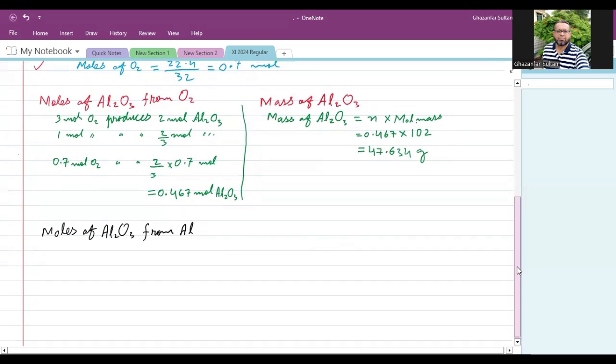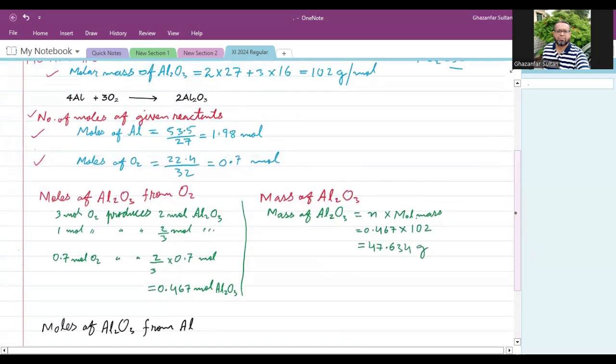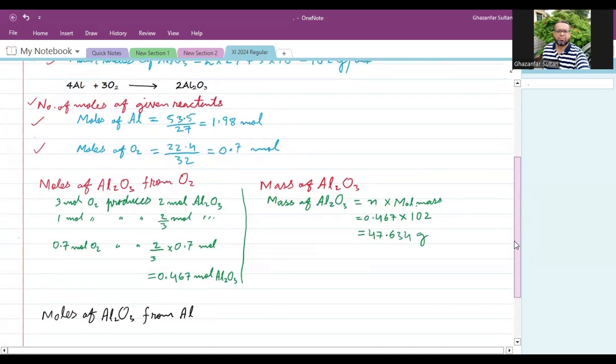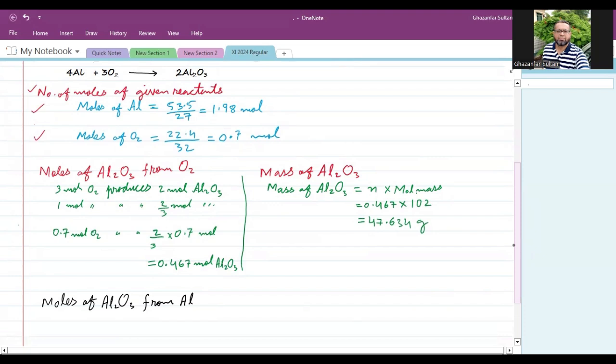So from the given equation, you can understand that 4 moles of aluminum produces 2 moles of aluminum oxide. So now see, 4 moles of aluminum produces 2 mole Al2O3.